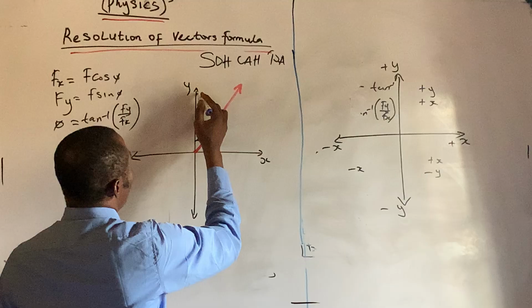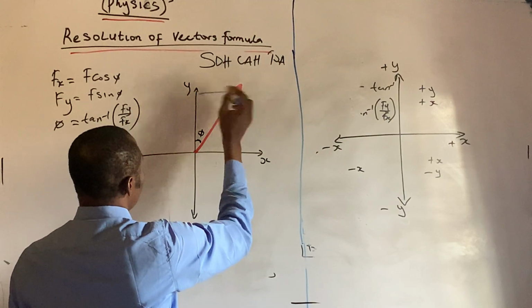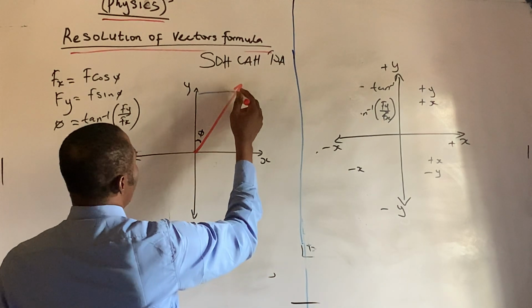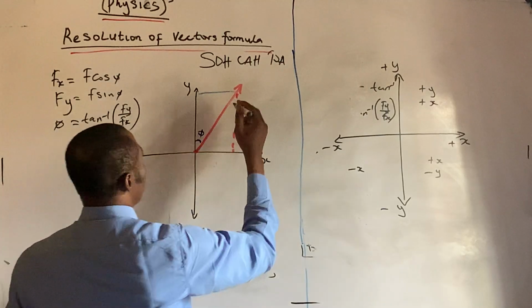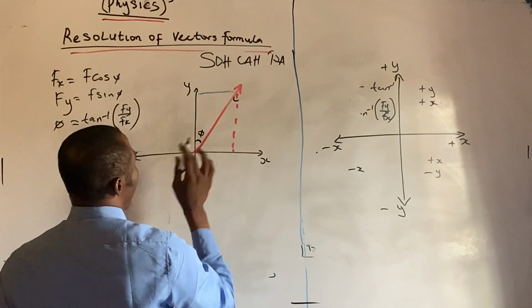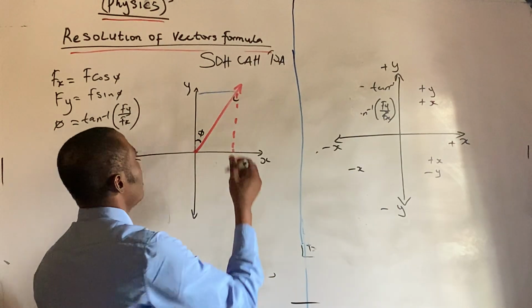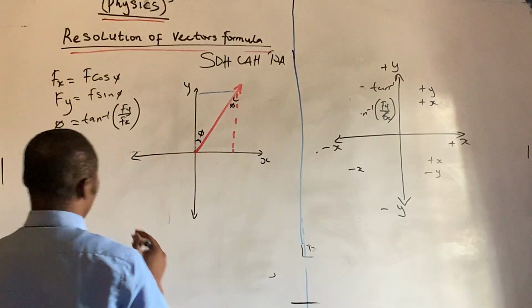If you make out a triangle from here by covering up this side, you'll understand that you can form a rectangle from here, so that the angle here is equal to the angle here, which makes it an alternate angle. So we have this triangle.